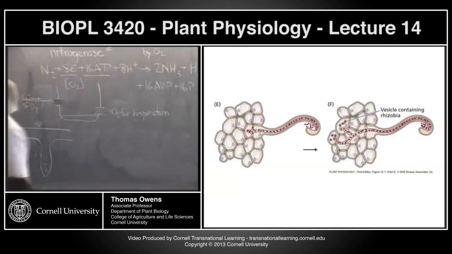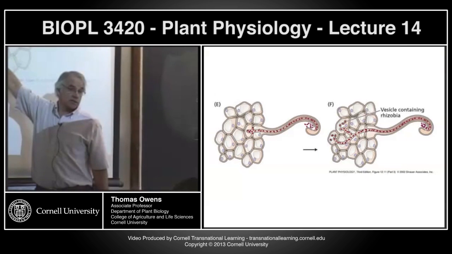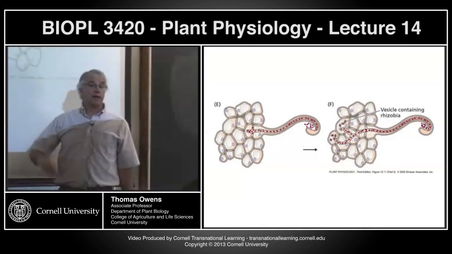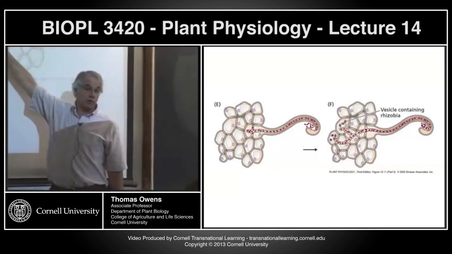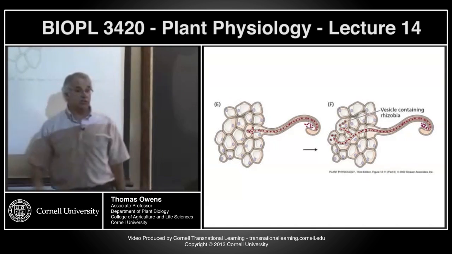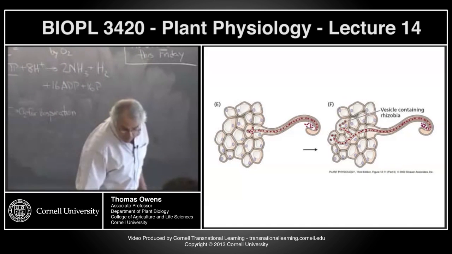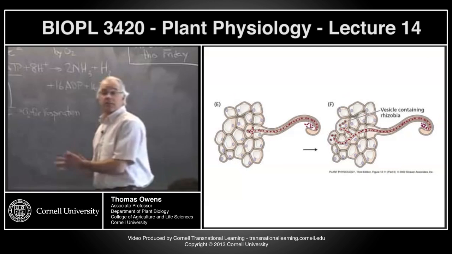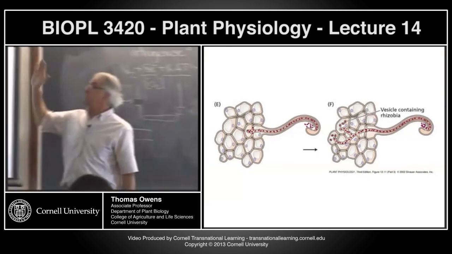The plant is giving sugars by transporters that are present in the vesicle to the bacteria, and the plant is getting from the bacteria, again via transporters that are present in that membrane, nitrogen-containing compounds. So one of the things I could put on an exam would be to tell me about what's happening.